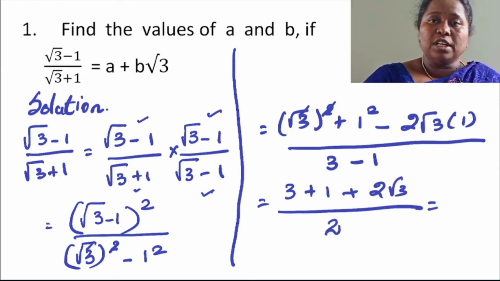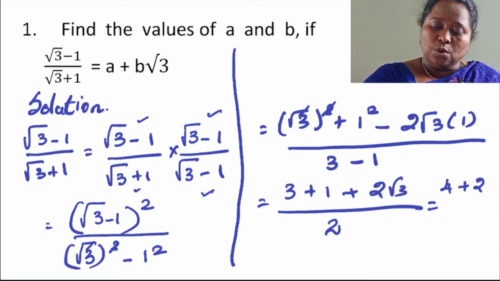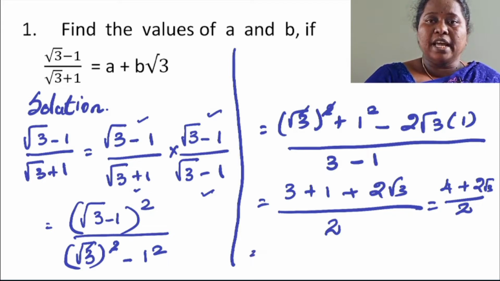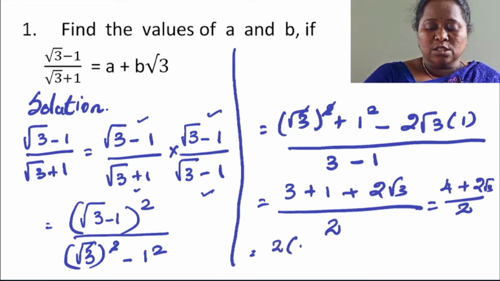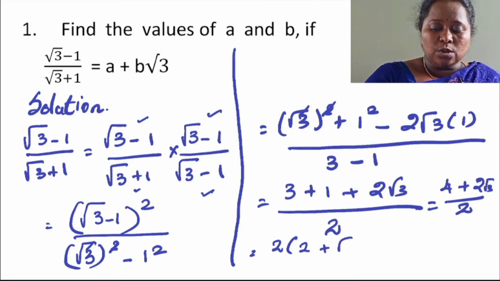So, finally what I will get? 3 plus 1 is equal to 4 plus 2 root 3 divided by 2. See here, in the numerator I can take 2 as a common factor. So, when I take 2 as a common factor, the balance is 2 plus root 3 divided by 2.